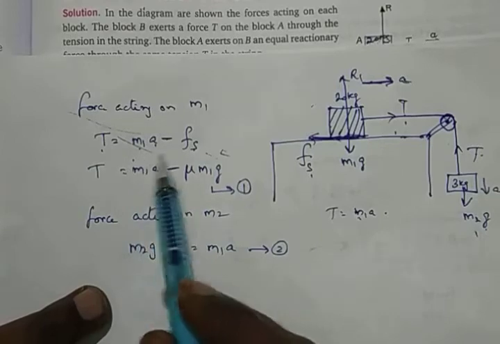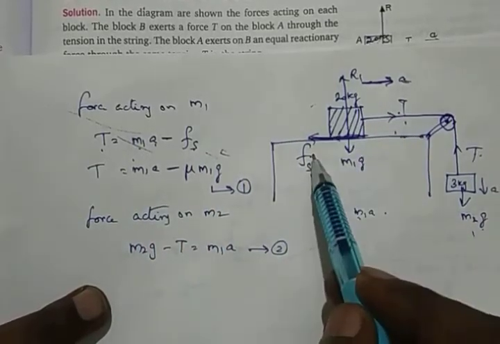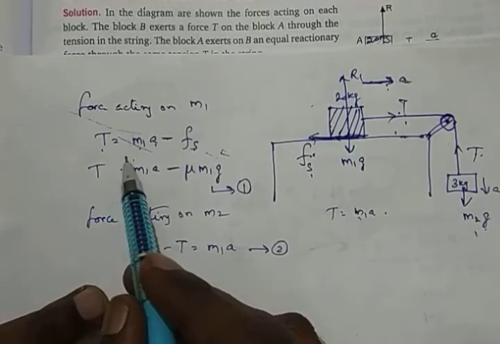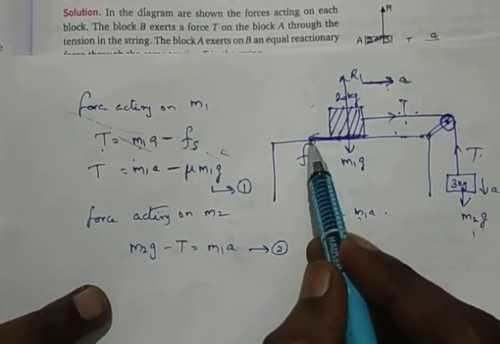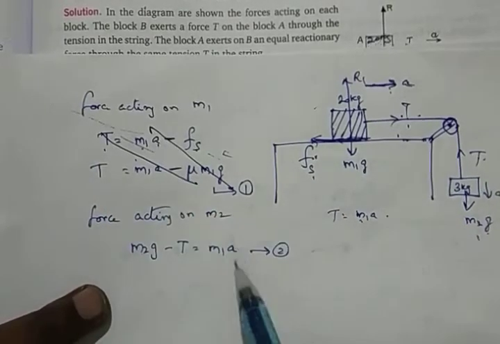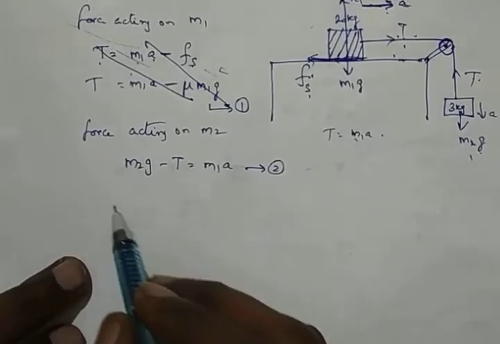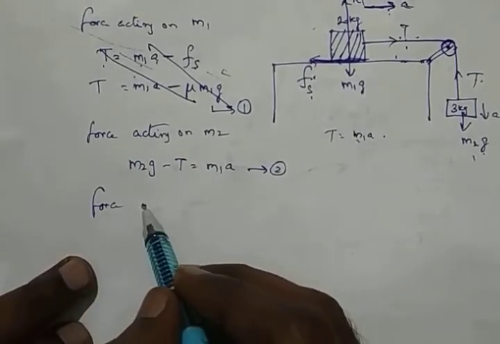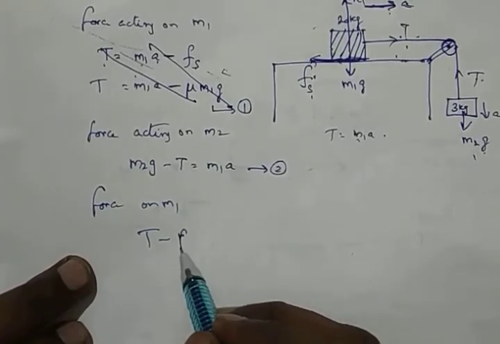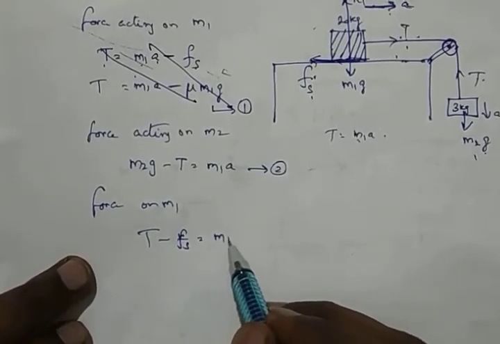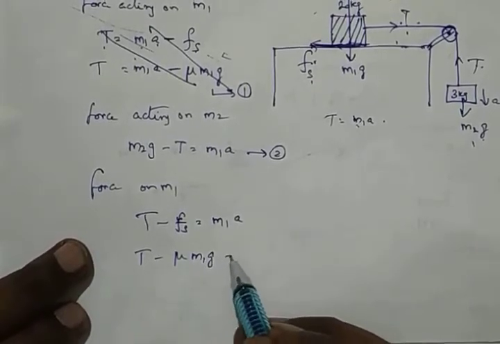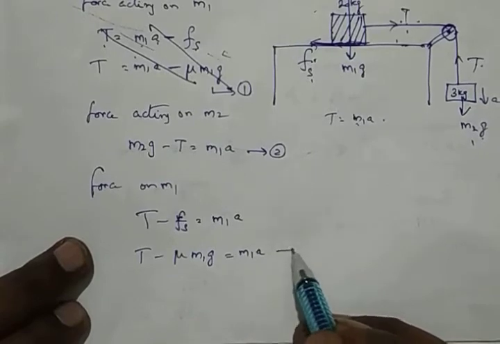Tension minus friction is equal to m1 into a, it will come. So you can strike off this and rewrite it again as force on m1: tension minus the frictional force is equal to m1 into a. So tension minus mu into m1 into g equal to m1 into a. This is equation number 1.